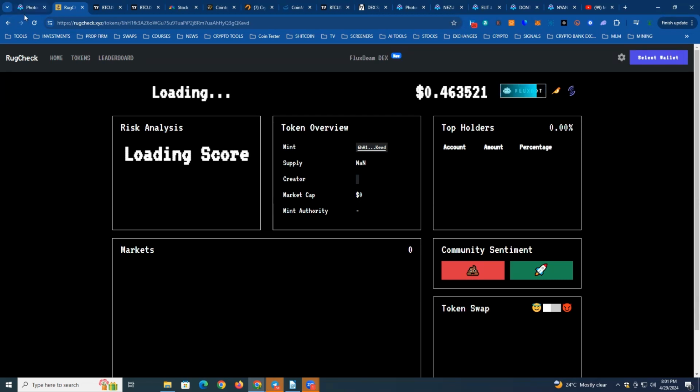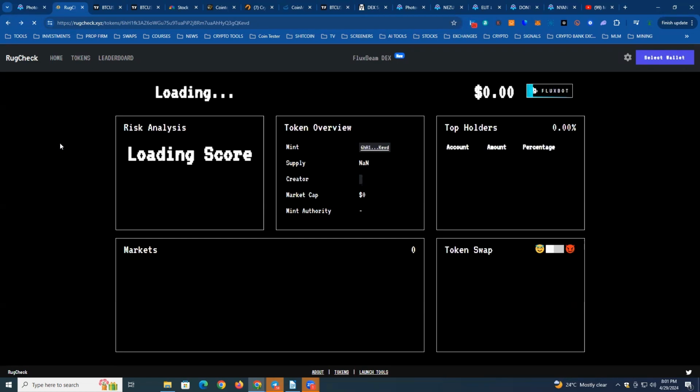Because at the end of the day, you must be cognizant that every single day of the week, you will be able to find coins that are going to 2x and 3x and 4x and 5x within this market. So it isn't an issue of whether you're going to find them.